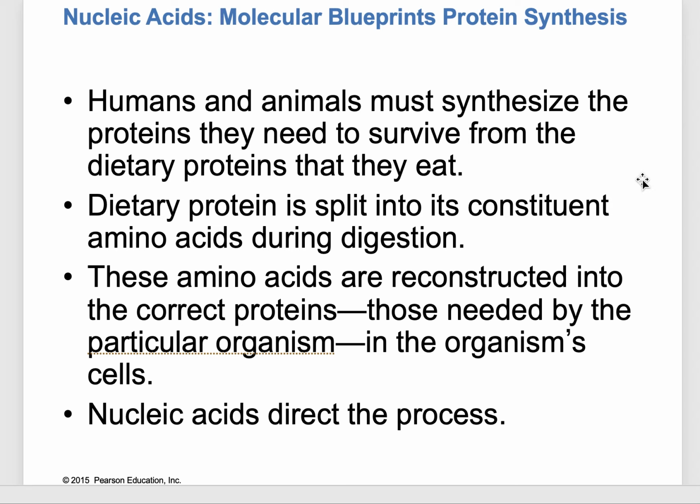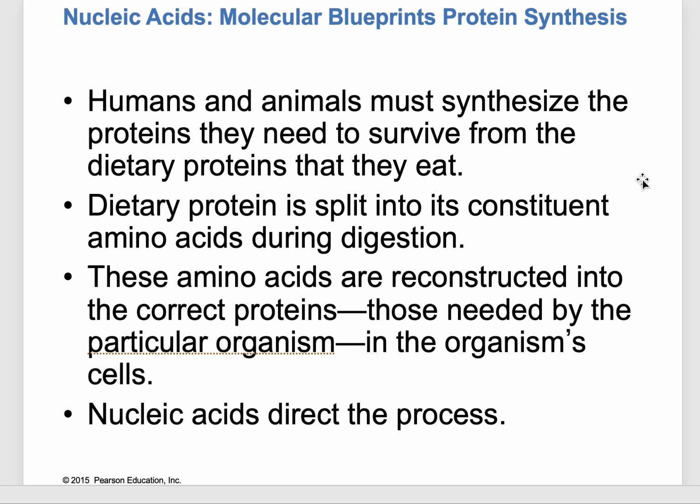Okay, now let's take a look at how DNA directs the synthesis of protein. In humans and animals, we must synthesize protein that we need to survive. In order to synthesize protein, we need all the components, meaning amino acids.